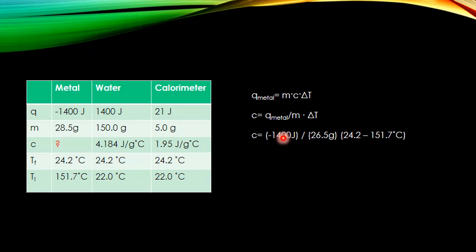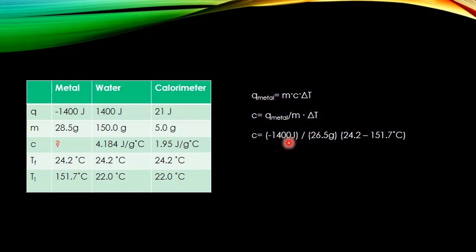Negative 1400 joules divided by the mass, which was 26.5, times my delta T. Remember, delta T is T final minus T initial. This is where most students make their mistake. So ask yourself, does it make sense that I have a negative delta T? Did my temperature go down?